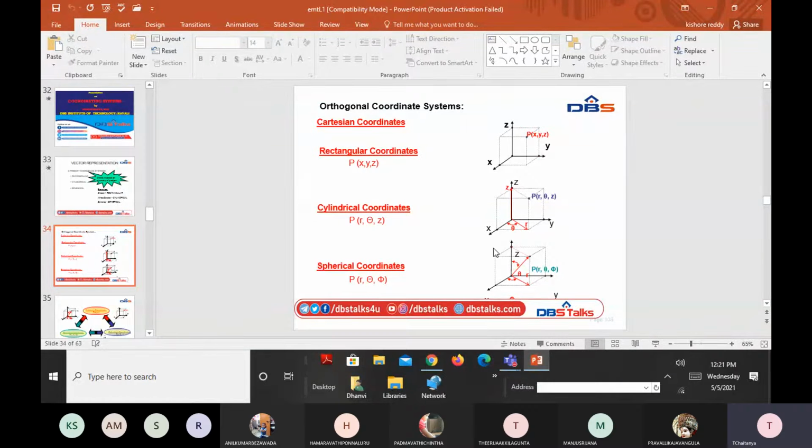So this is the point representation over spherical, cylindrical, and rectangular coordinating systems.